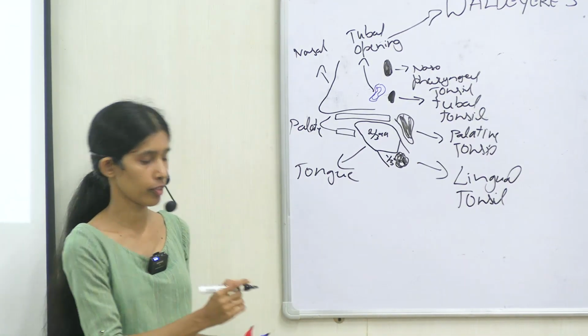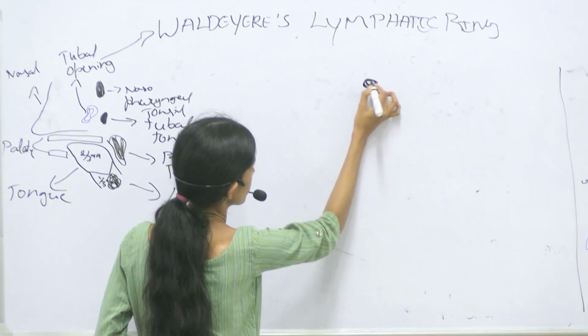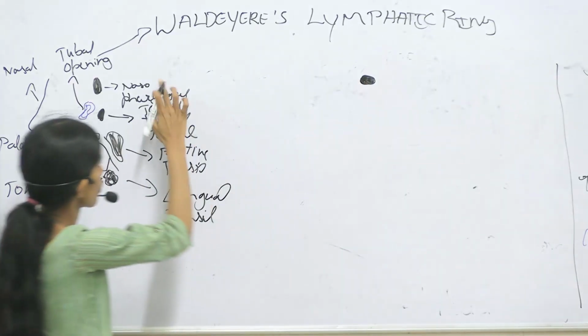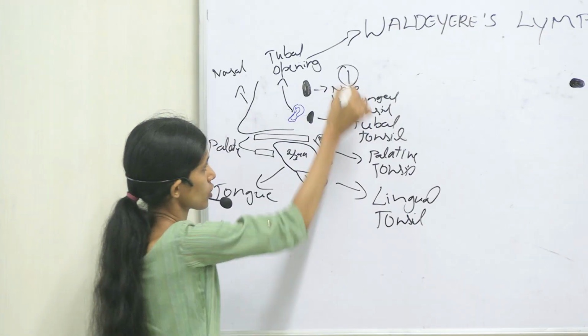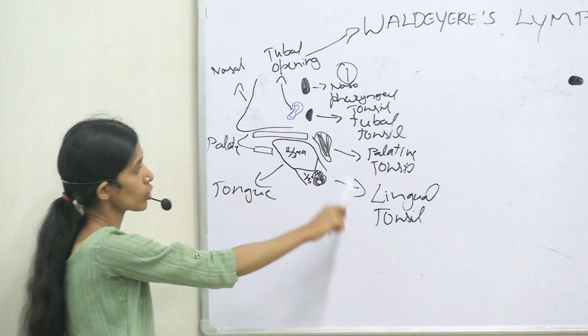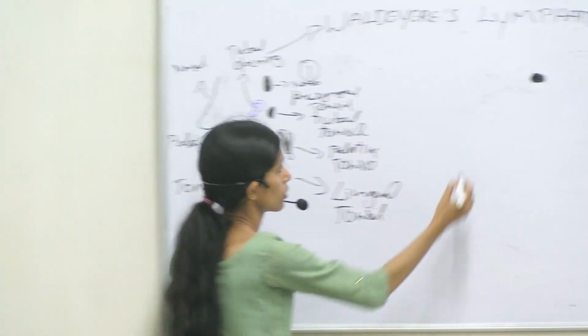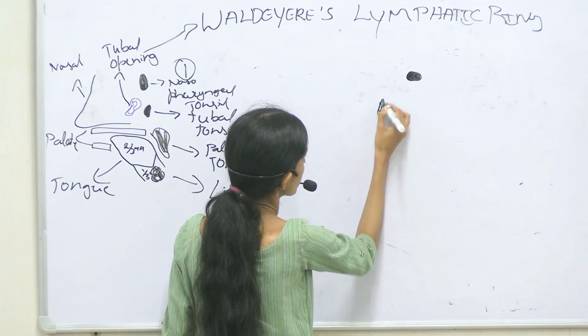If I look at it from the front view, this is how exactly it is present. This is your nasopharyngeal tonsil, the first one, and your tubal tonsil and palatine tonsil are present on both the sides. So it will be present like this.